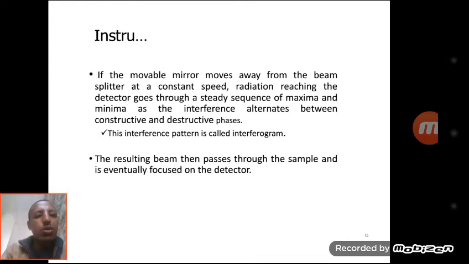This means that the maxima and minima of the interference are called the interferogram. This is the interferogram of the recombined wavelengths that pass through the sample and are eventually focused on the detector.